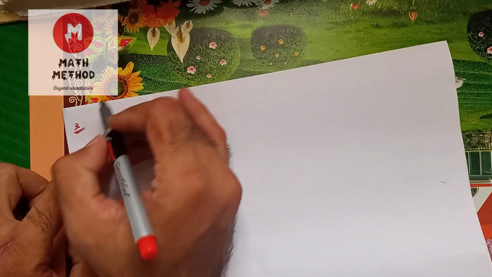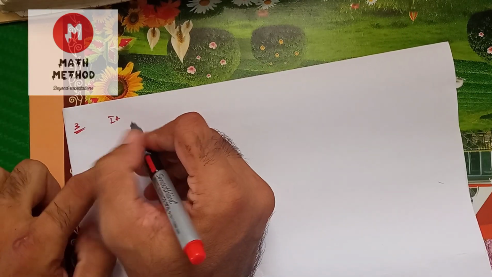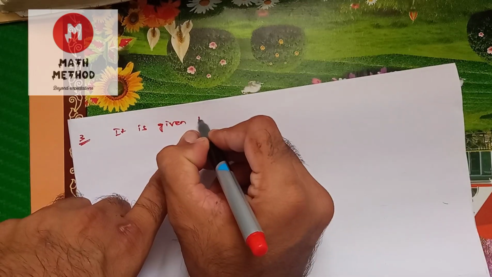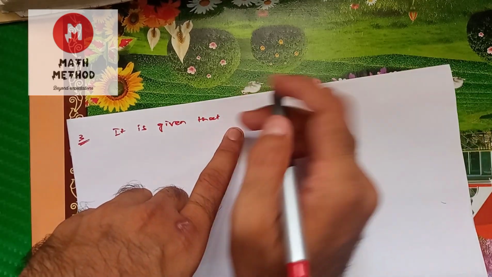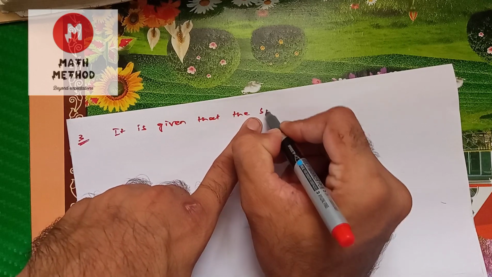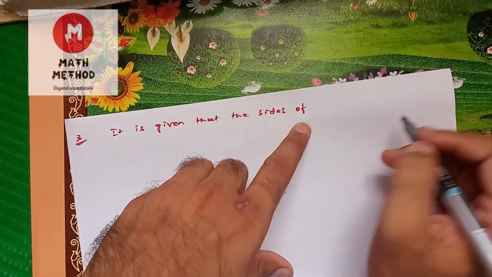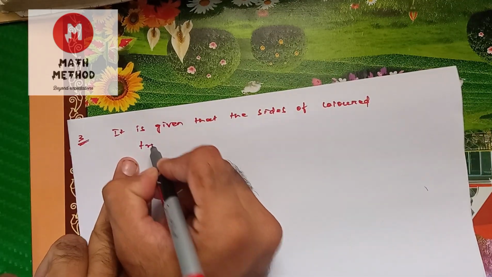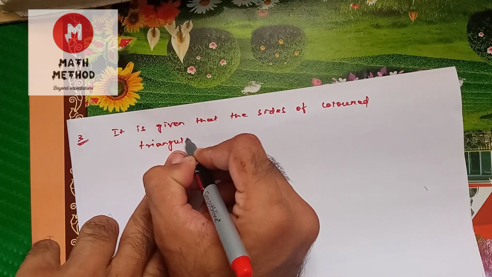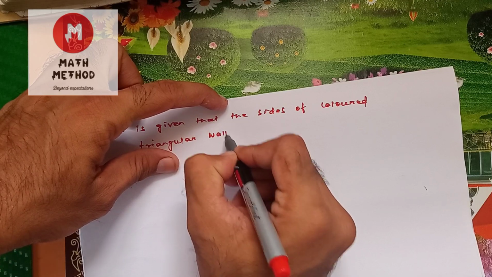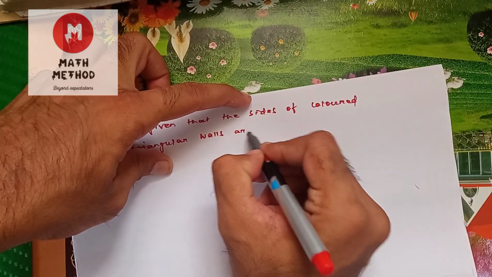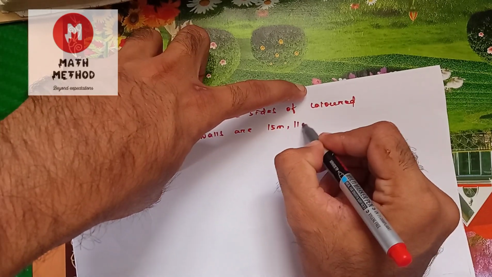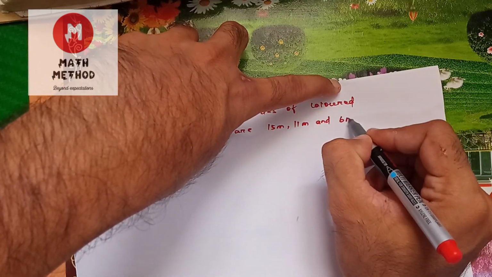Question number 3 is, it is given that the sides of the colored triangular walls are, one is 15 meters, another is 11 meters, and the third one is 6 meters.